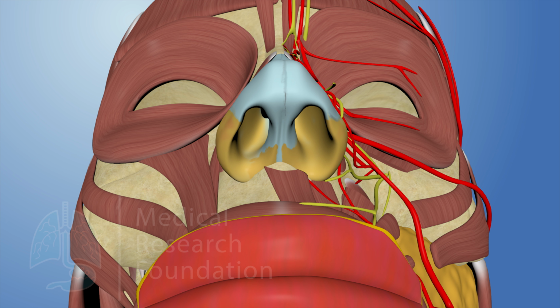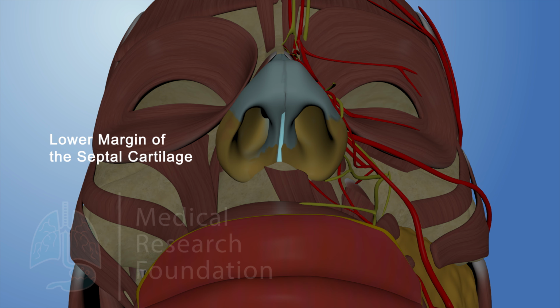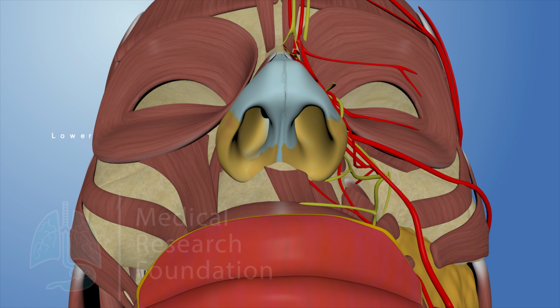The major alar cartilage is U-shaped and comprises a medial and lateral crura. The medial crura of 2 sides meet in the midline below the lower margin of the septal cartilage to form the lower part of the nasal septum called columella.